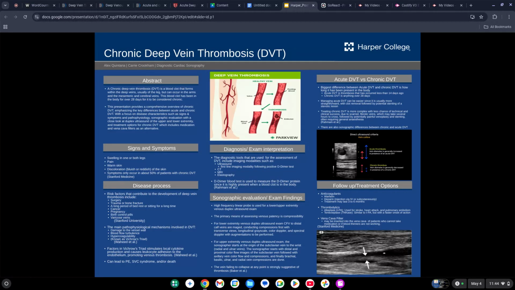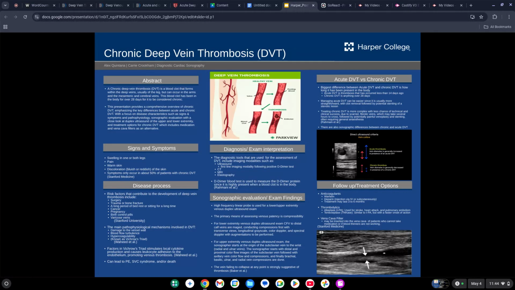Then you perform longitudinal grayscale, color Doppler, and spectral Doppler with augmentations. When you combine Doppler imaging, waveform analysis can be carried out with respiratory augments to evaluate the patency of more proximal veins indirectly.